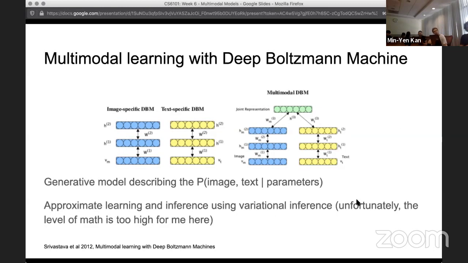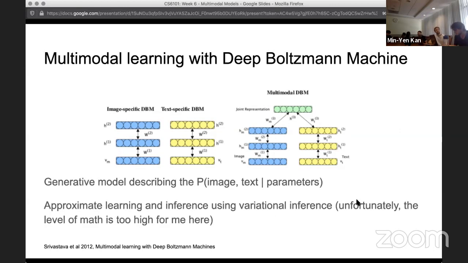But I don't know how this ties in with why they use deep. Yeah, these two papers that I brought in the beginning were from very early, like 2011, 12. And I think at that time they were using more Deep Boltzmann machines than the more modern version of deep learning.